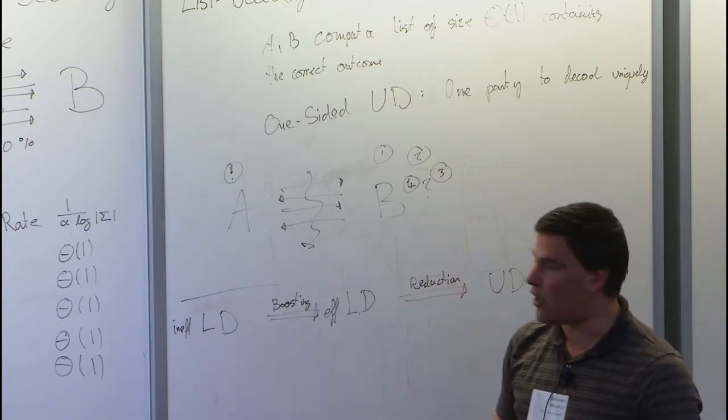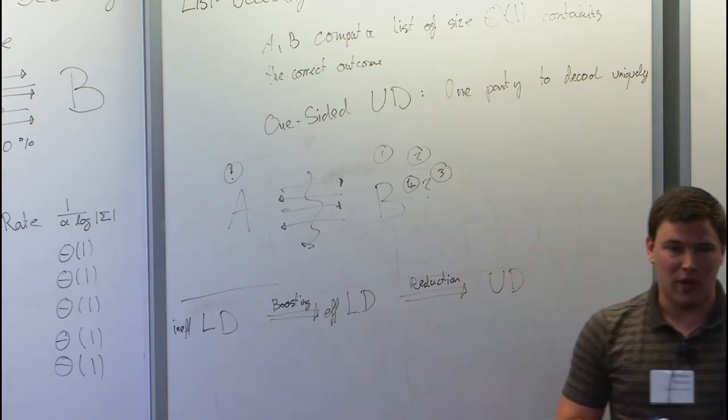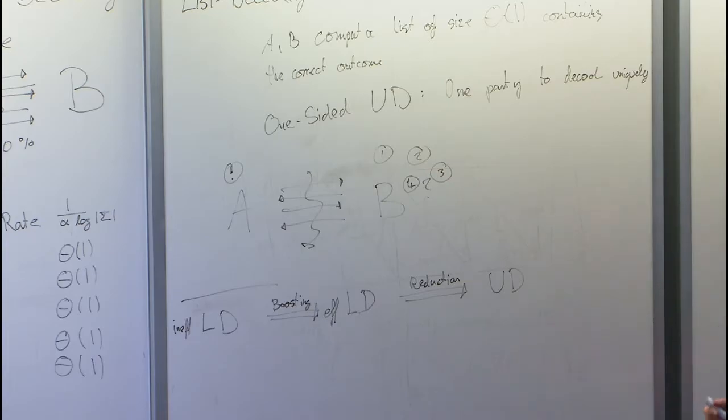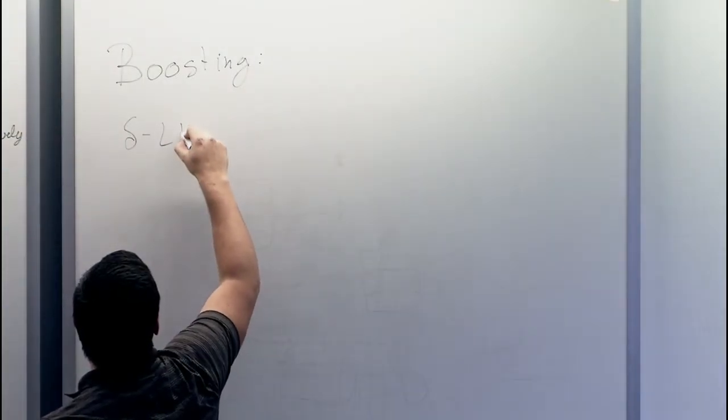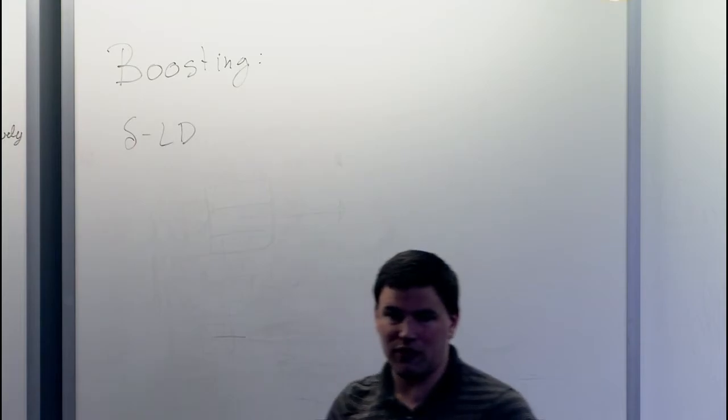So the boosting is the part which introduces efficiency. What we want is, we have a list decoder that tolerates some delta fraction of errors.